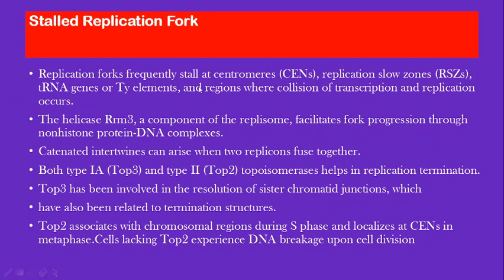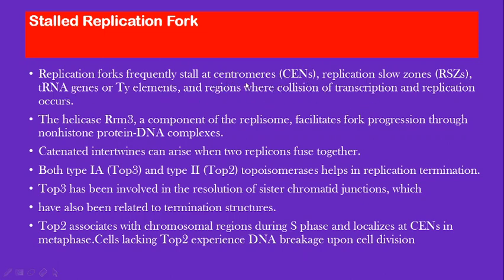This replication fork frequently stalls at centromeres, CEN, replication slow zones or RSZ, tRNA genes and TY elements, and regions where collisions of transcription and replication occur. These are the regions where the main collision of transcription and replication occurs.